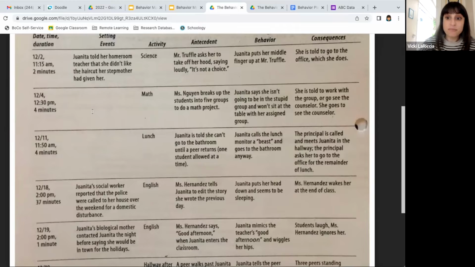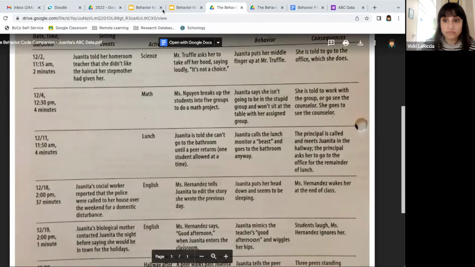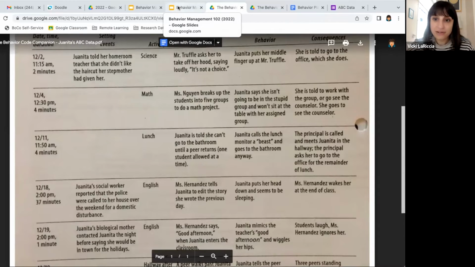So someone says problems at home, mom is coming to visit. I kind of like, someone said, situations out of her control, definitely. Home life disruption, I kind of like that. That kind of encompasses the three things. The first setting event is about a haircut, but there's a stepmother and we don't know what that relationship is like.